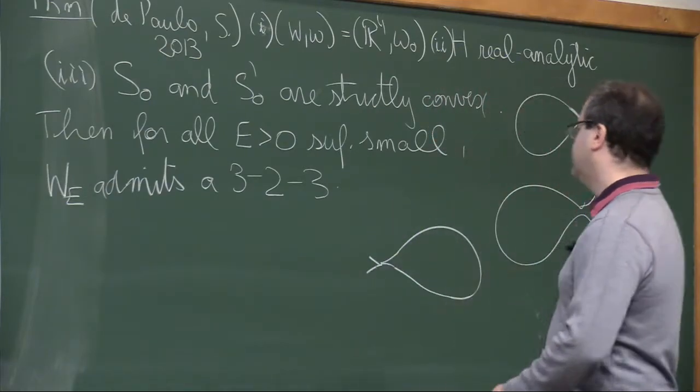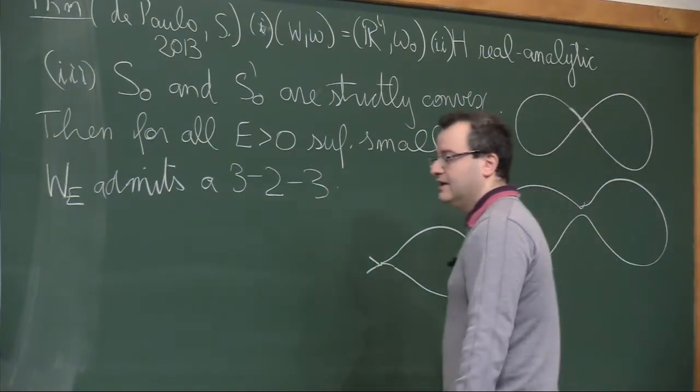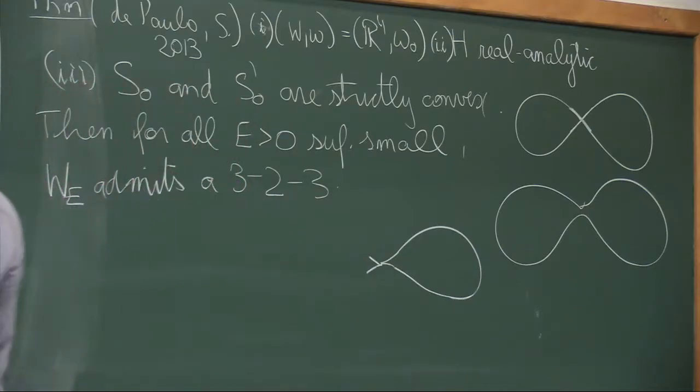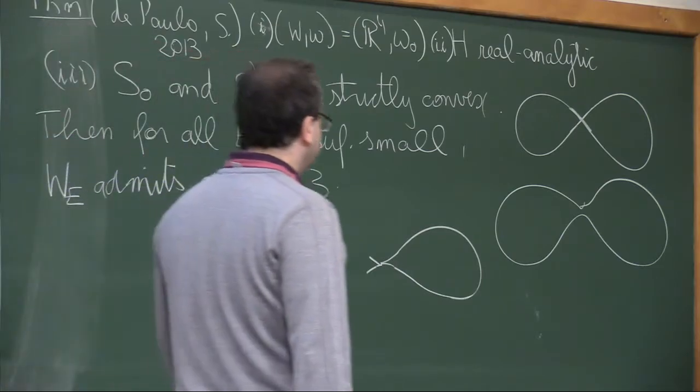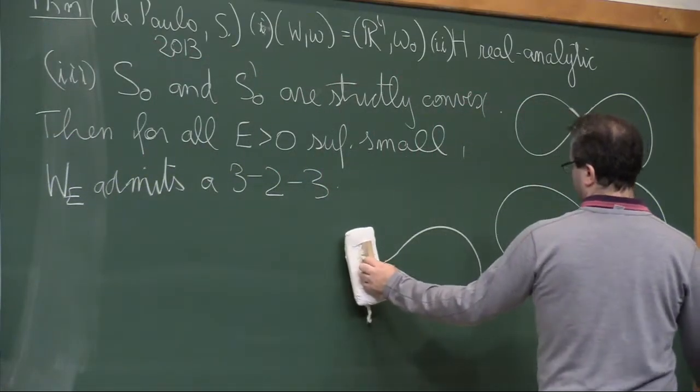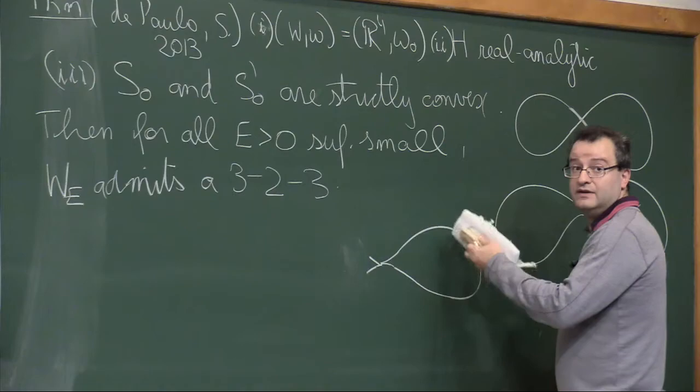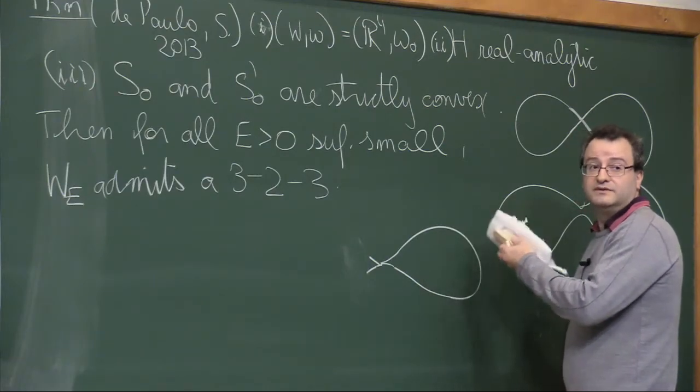So we try to extend our theorem to a setup where the critical set, each side is homeomorphic to RP3 and dynamically convex. Maybe not strictly convex, but dynamically convex, meaning that the index of all contractible orbits is at least 3.